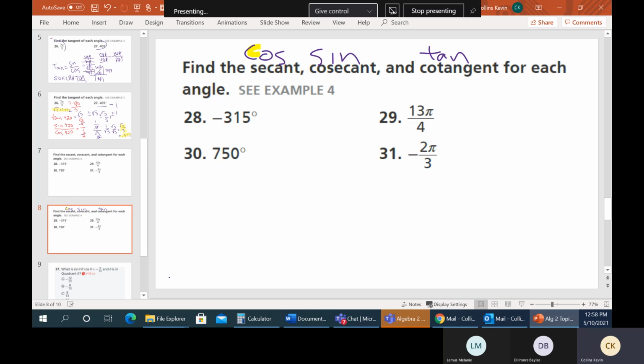So the first one here is, what is the secant of 315? Secant is really saying the same as 1 over the cosine of 315. So let's check it out.